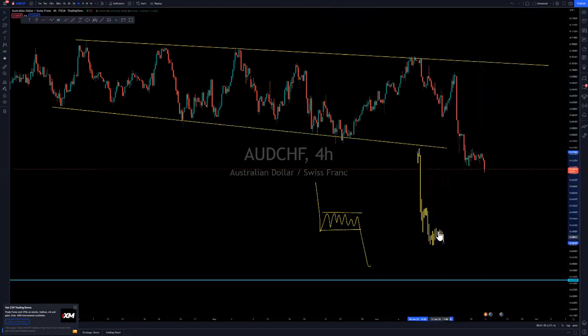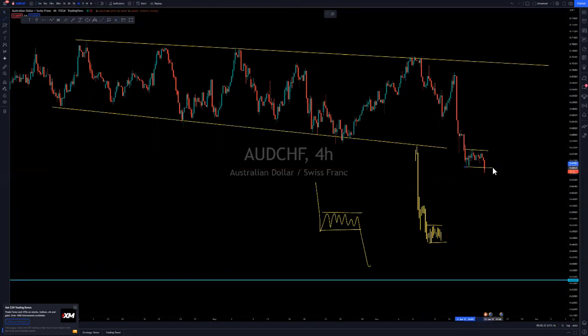We went down with an impulse, and price decided to give us a correction. So this is the correction that we have, impulse correction. I guarantee you this is the correction to the downside.